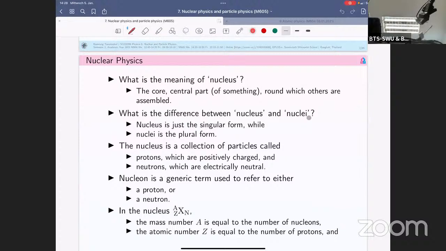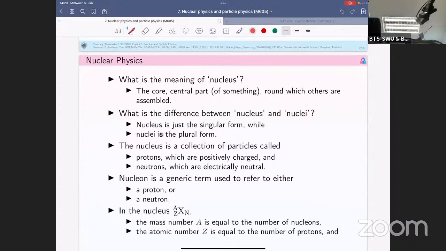We have two words: nucleus, on the left side, and nuclei. Nucleus is the singular form, while nuclei is the plural form. It's a Latin word, and the way to make the word plural is in the manner of the Latin language. So I cannot do anything.